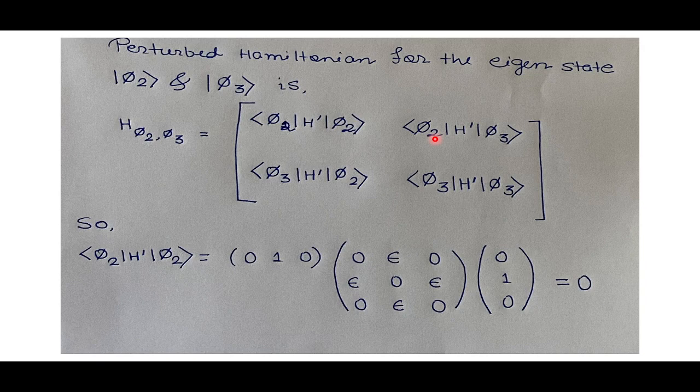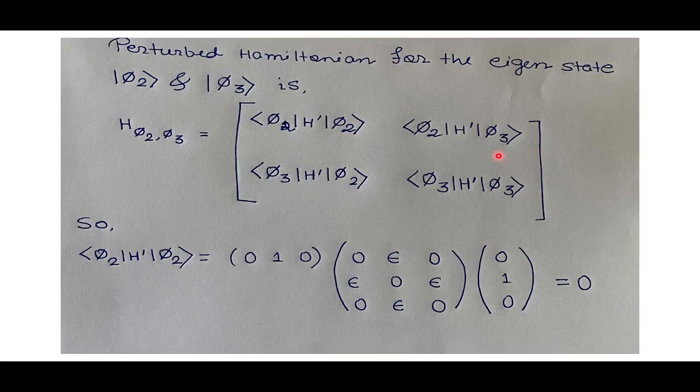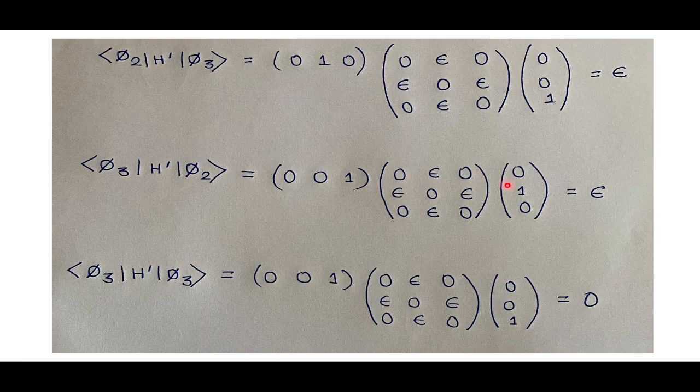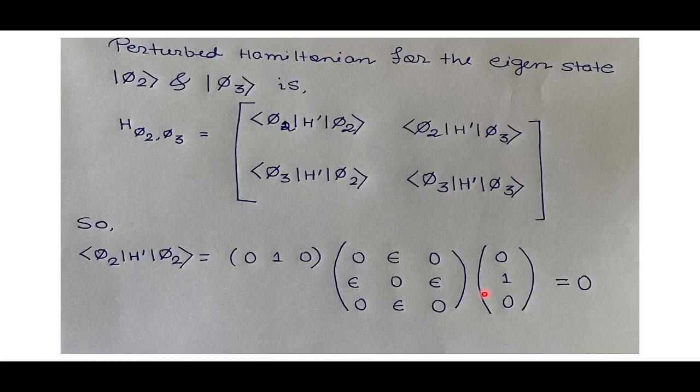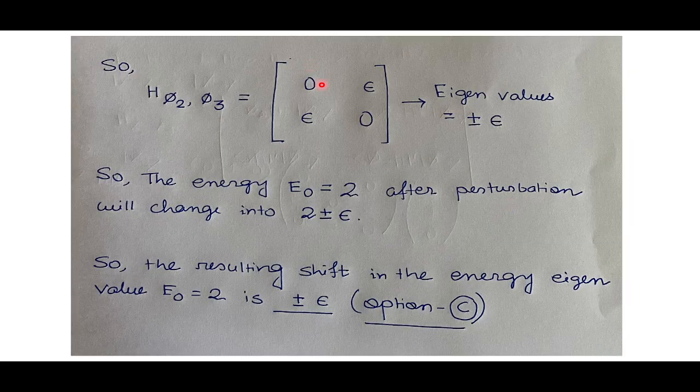For this term, you will get epsilon. For this term, we will get epsilon again, and for this term, you will get 0. So basically, your off-diagonal terms are epsilon and diagonal terms are 0. You will end up with this Hamiltonian: 0 epsilon epsilon 0.